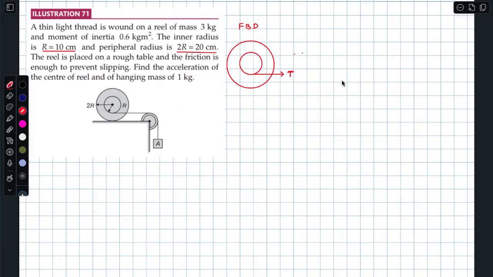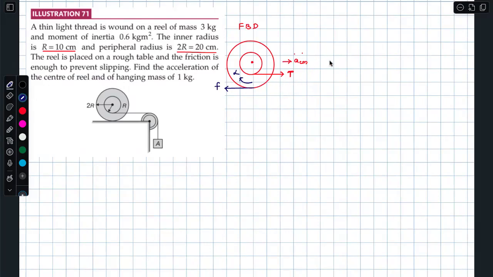Tension T. Acceleration of center of mass, ACM. Friction F, because to maintain alpha you require one torque. So friction is in this direction.